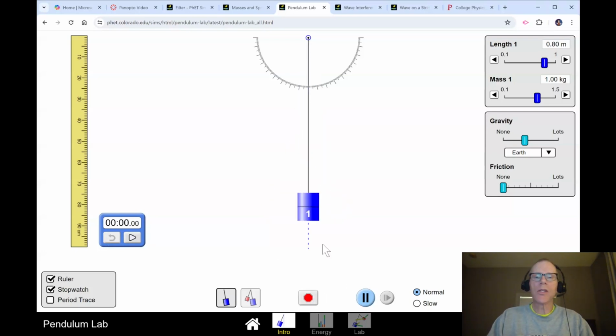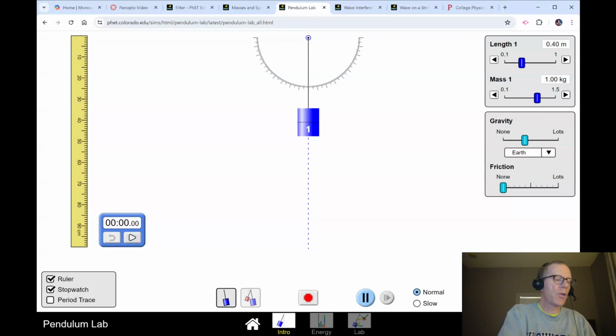All right, so now let's go shorter again. We'll go 0.4. And so we've already done it on Earth, and we got 12.72.